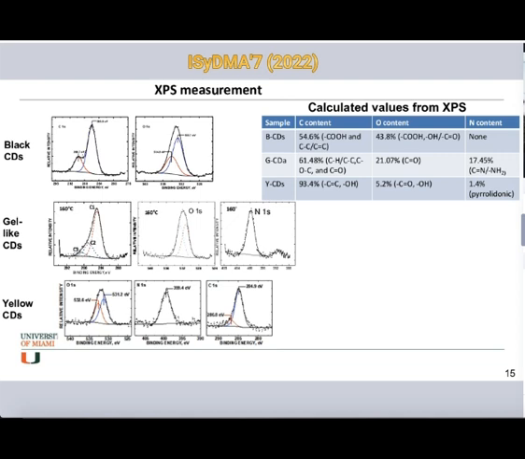The oxygen concentration is important for the black carbon dust. That's the reason why, when we look at the carboxylic group or the sulfate, this is quite important. So saying that, with this type of measurement we have a correlation between the XPS measurement and also the Fourier transform infrared spectroscopy.